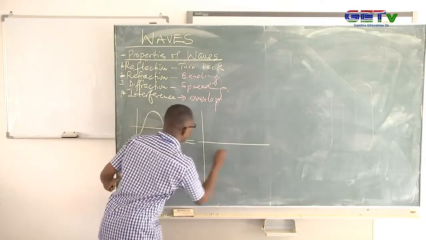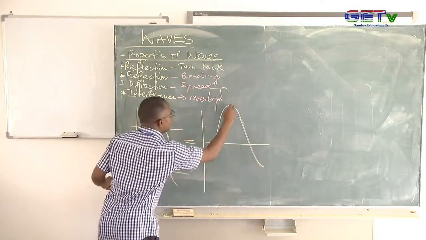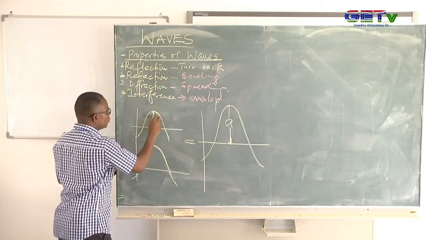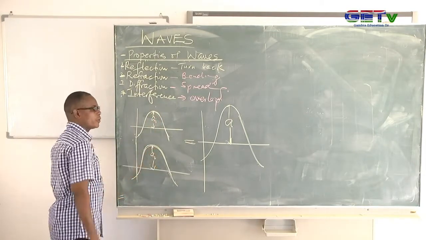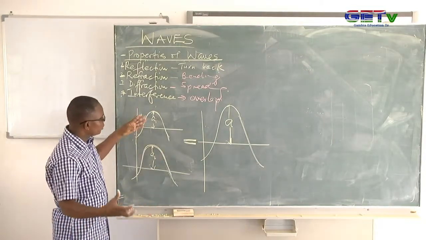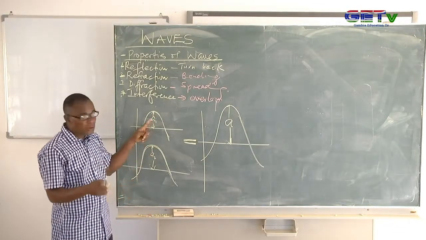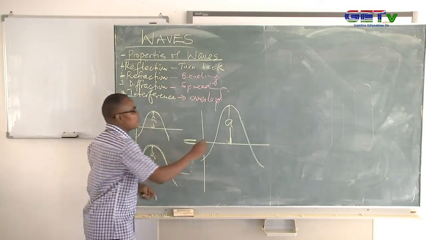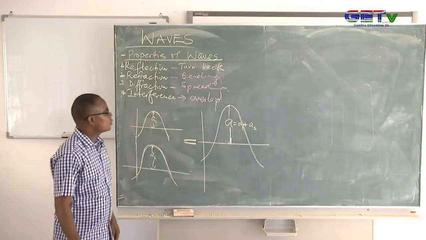Check this: the resultant wave has a higher amplitude. There was an amplitude A1 here for this wave and another amplitude A2 for the other wave. When they superposed and interfered, they combined by taking the arithmetic sum of their individual amplitudes, giving a wave with a bigger amplitude than both of them.